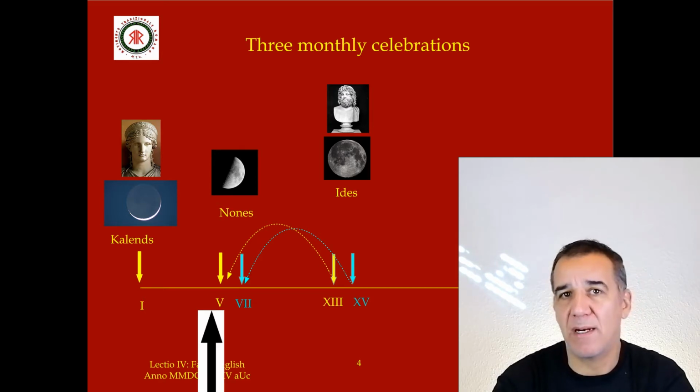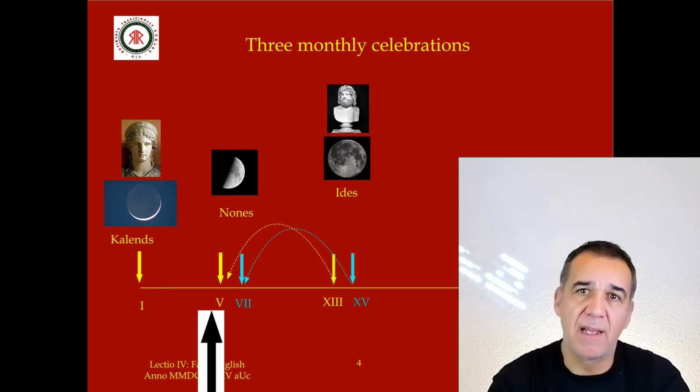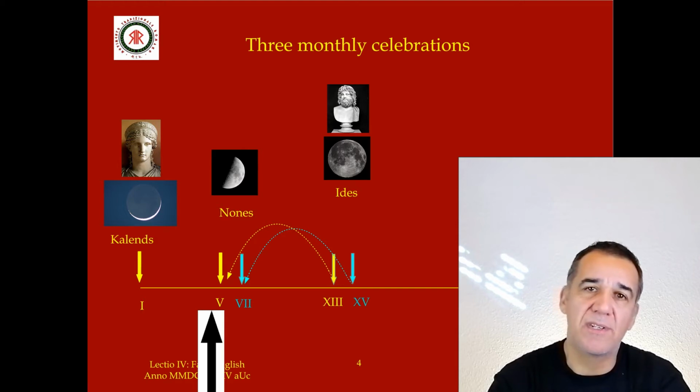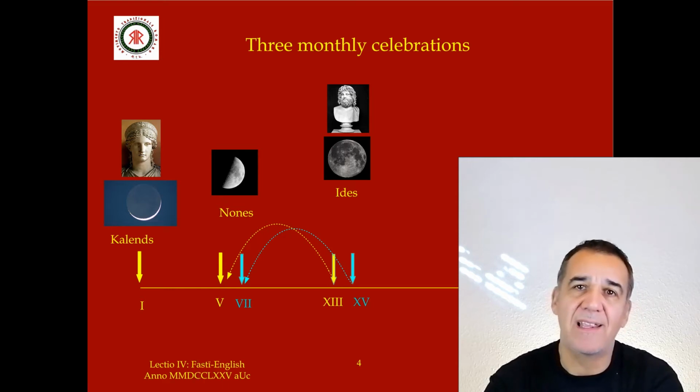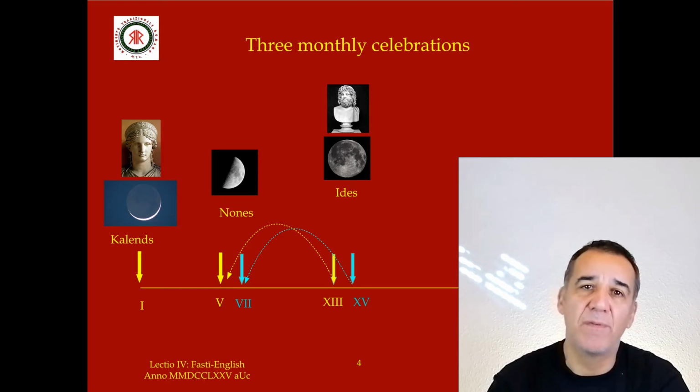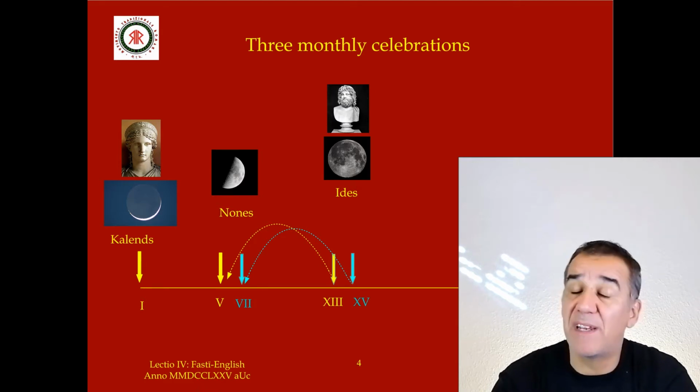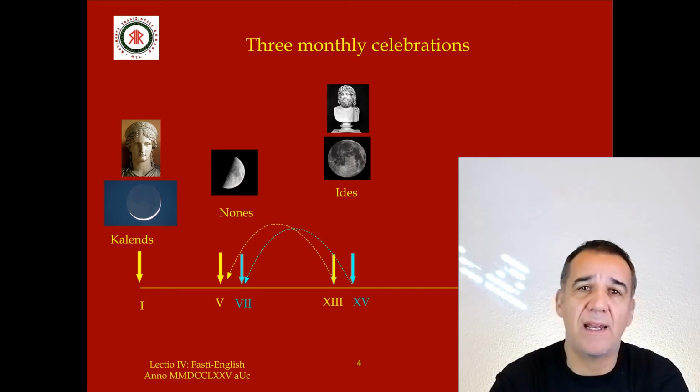If the Ides were defined on the 15th, then the first quarter was on the 7th. As it is anyway on the 9th day before the Ides, this feast is called Nones, because nona means 9th. So this is why in Latin we have the Nonae of the month, and they are really 9 days before the Ides.